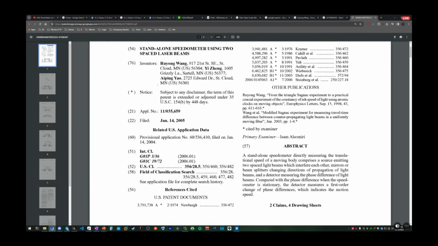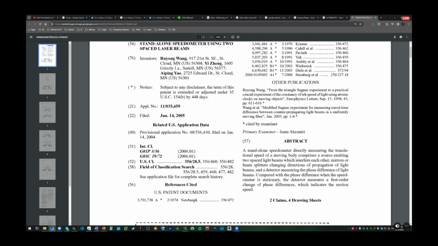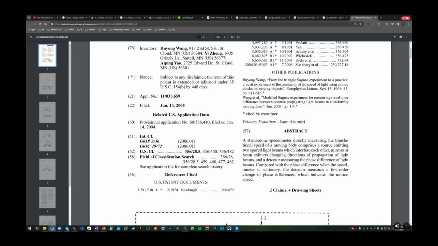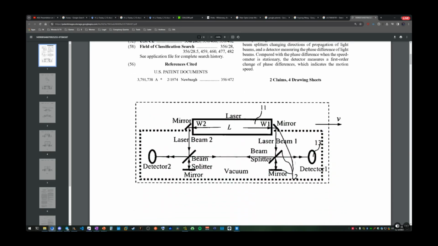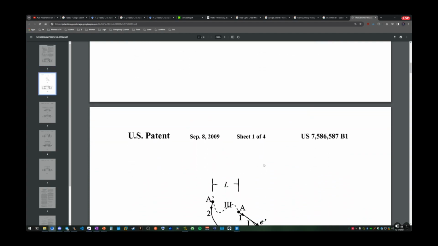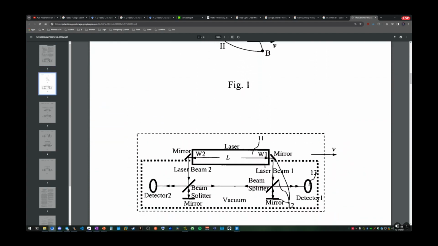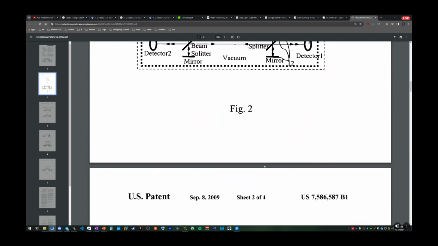A standalone speedometer directly measuring the translational speed of a moving body comprises a source emitting two spaced light beams which interfere with each other. Holy fuck. Now introducing your boy, linear interferometer. This is the FOAMs. He came up with this five years later.